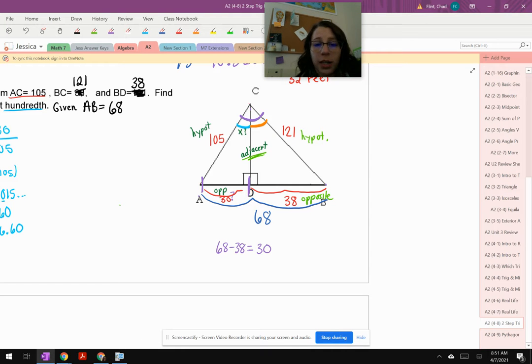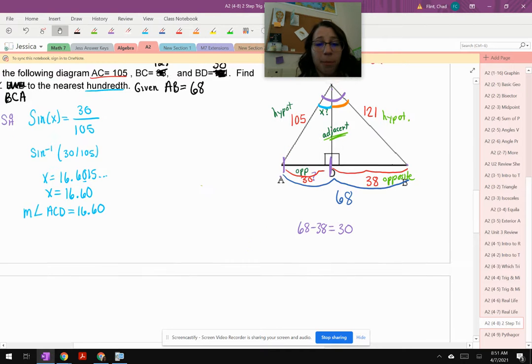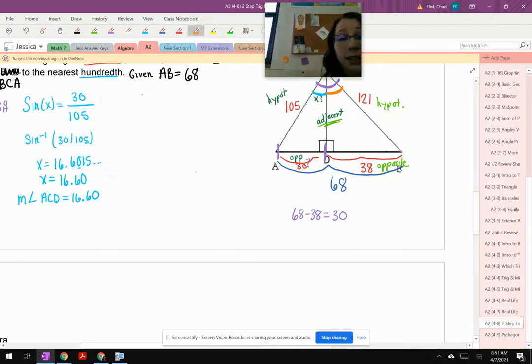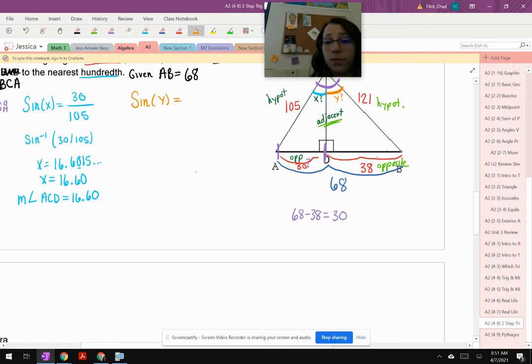Whew, this is exhausting. So I'm looking for the angle, and I have the hypotenuse and the opposite. So I'm again going to use sine. So the sine of x, well, I guess we should call it something else this time. Let's call this one y. So the sine of y is equal to opposite over hypotenuse. So 38 over 121.